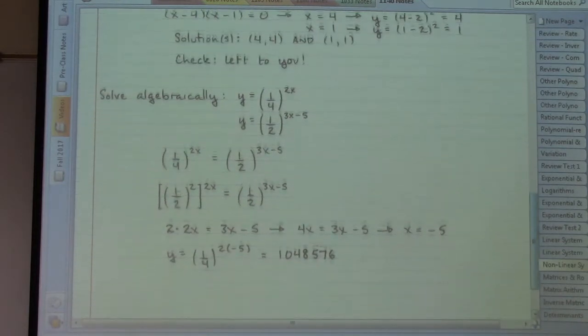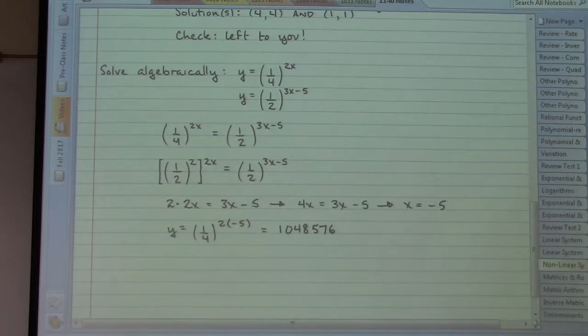1,048,576. And so, my solution, and I would still want to check this with both of my original equations, seems to be working out that we would get -5 comma 1,048,576 as our solution.